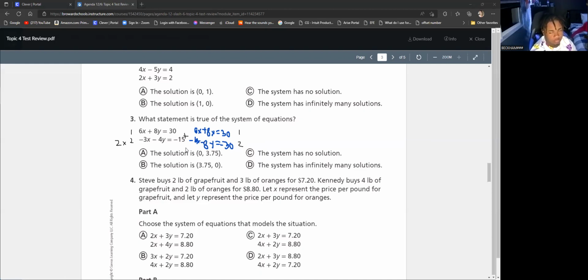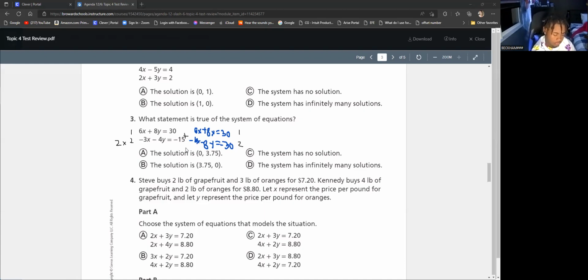What is eliminated? What's the idea of elimination? To get the letters or numbers on my own. Not really. You want to eliminate either of the variables.